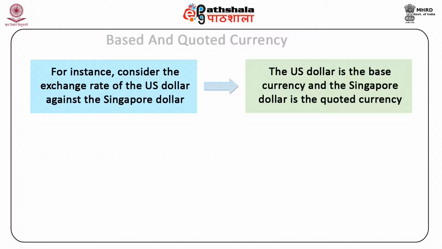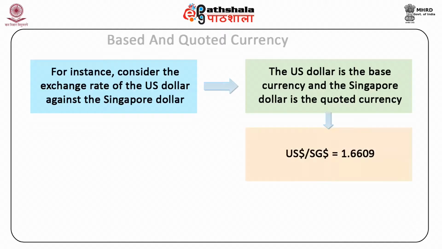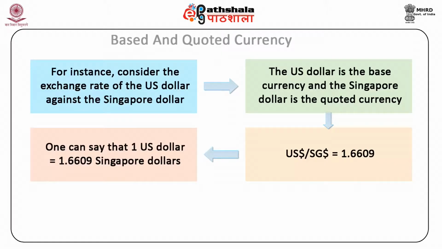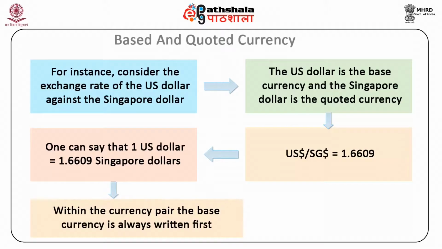If the following quote is seen, US dollar divided by Singapore dollar equals 1.6609, one can say that 1 US dollar equals 1.6609 Singapore dollars. Within the currency pair, the base currency is always written first. In general, the US dollar is always the base currency in a currency pair, but there are certain exceptions.